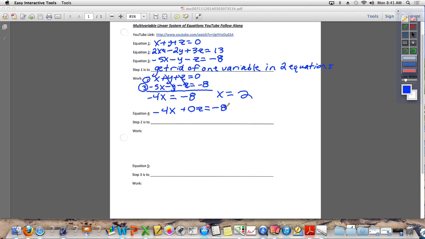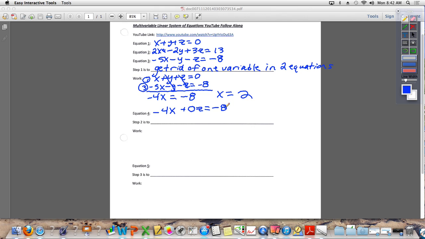Step 2 is to do exactly what we just did, but this time what we need to do is eliminate the exact same variable, which means we need to eliminate what? We need to eliminate y again, but we have to eliminate y using different equations than we first did it with.